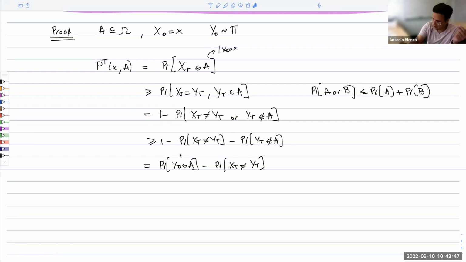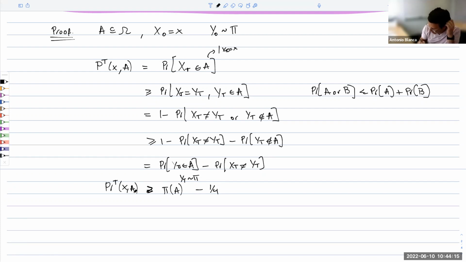In particular, yt here has distribution pi, which means that this term is equal to pi of A. And from the assumption of the coupling, we know that the other term is less than 1/4. So this is at least pi of A minus 1/4.